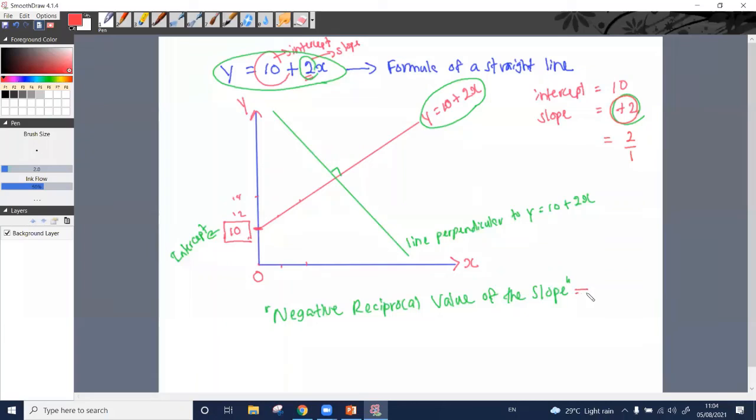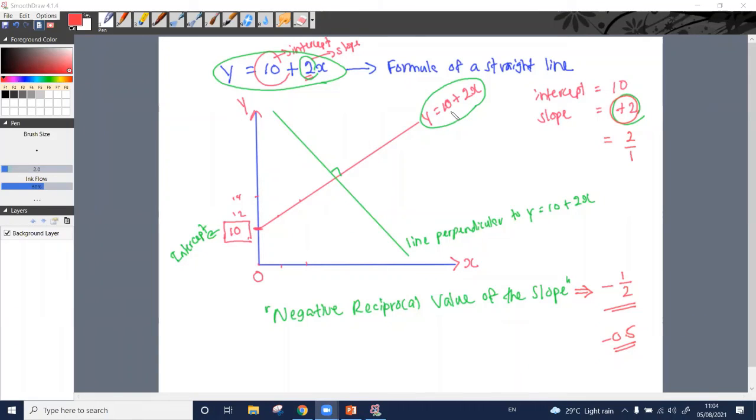But here we need to consider the negative reciprocal of it. Negative reciprocal means what? Negative 1 over 2, which is negative 0.5.